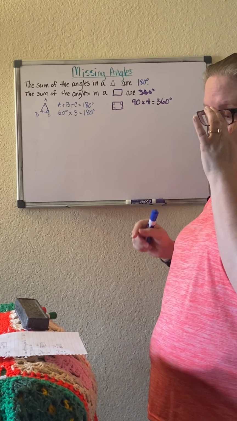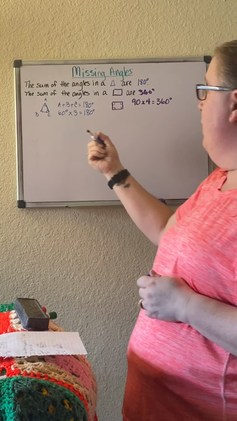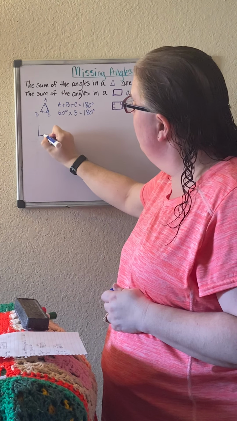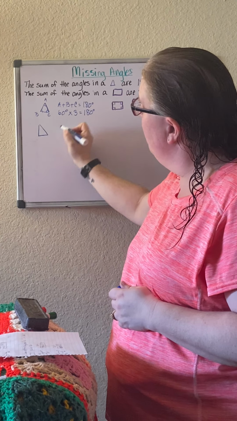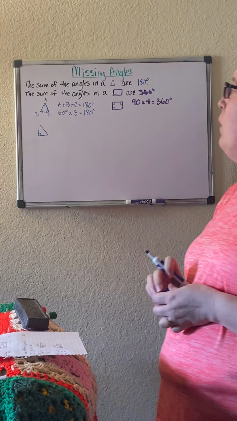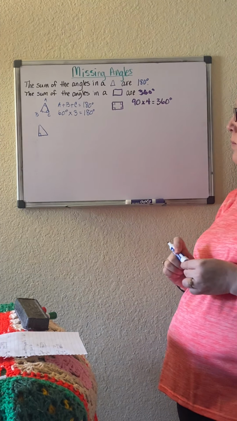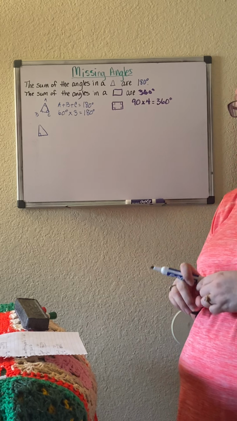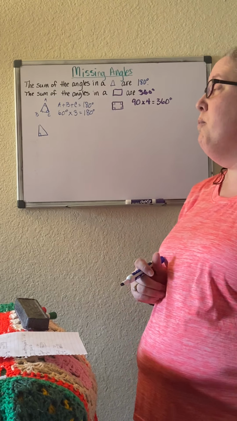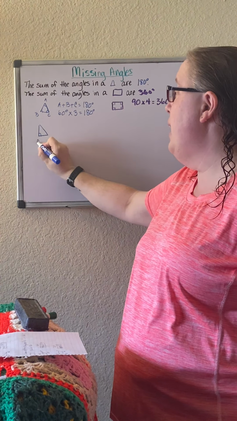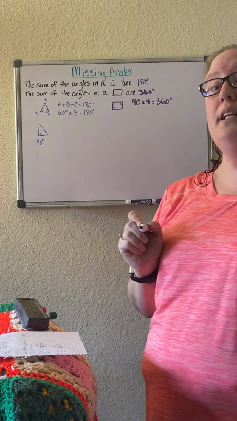Let's say I have this triangle. What kind of triangle is that? It would be a right triangle, exactly, because this is a right angle, which makes it 90 degrees.